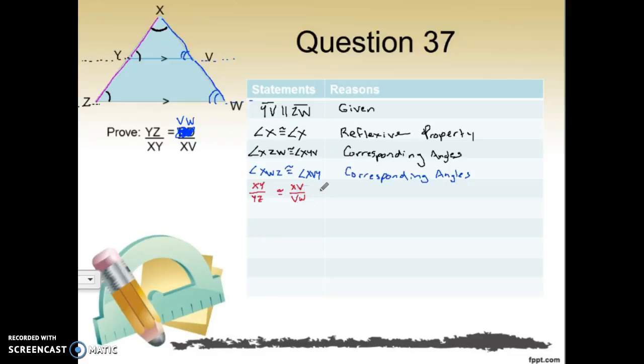In other words, I'm just doing top over bottom, left equals right. Now, how can I say that? I can say that because that's the definition of similar triangles. The definition of similar triangles is that they make that proportion, and that proportion is equal.